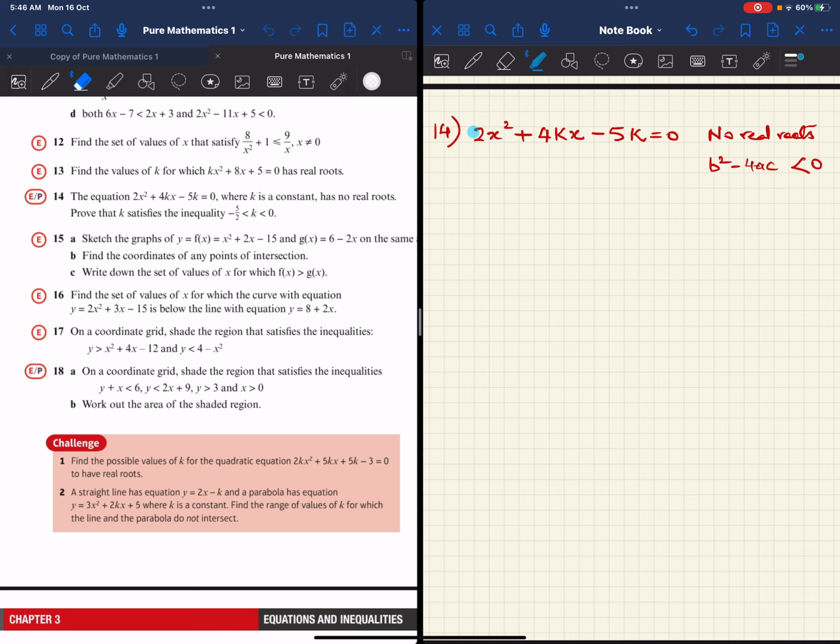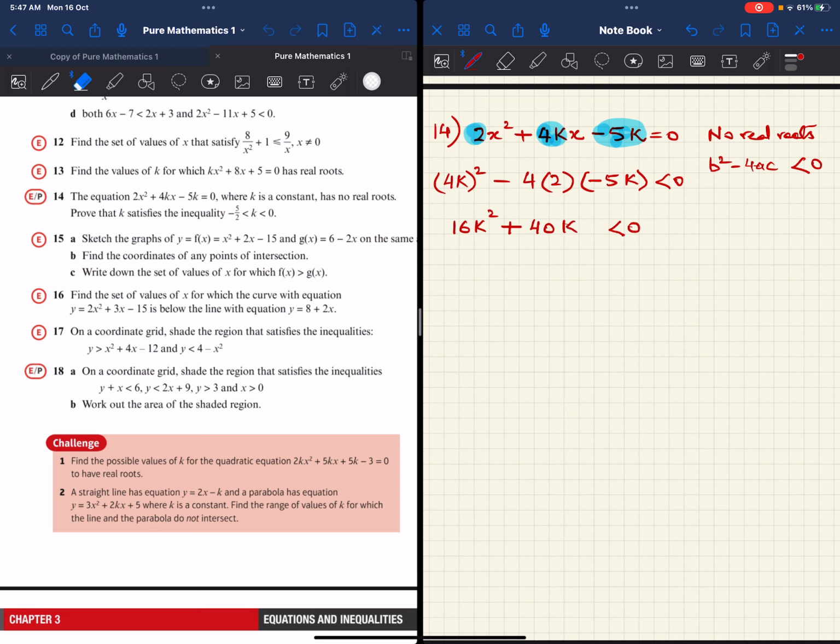Let's find the discriminant. a is 2, b is the coefficient of x, which is 4k, and c is the constant, which is negative 5k. So b squared minus 4ac will be 4k, that's b squared, minus 4 into the a, which is 2, and into the c, which is minus 5k, and this should be less than 0. So that gives you 16k squared plus 4 5s are 20, 2 2s are 40k, and that should be less than 0.